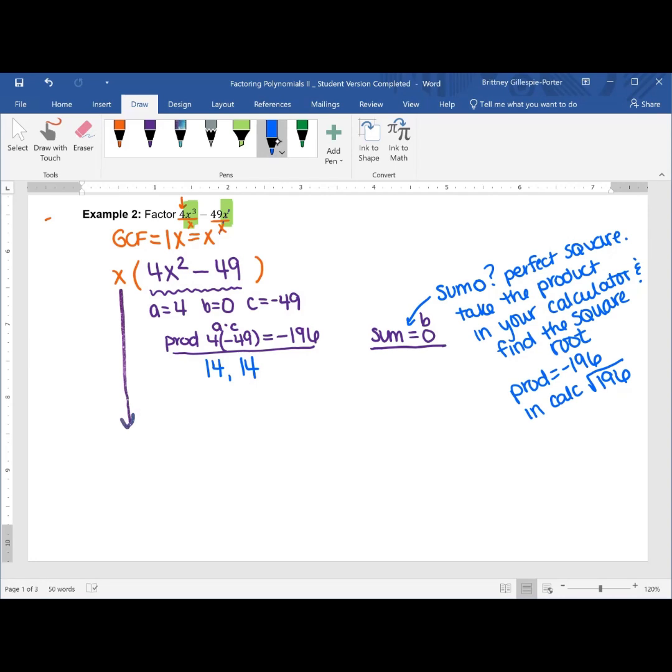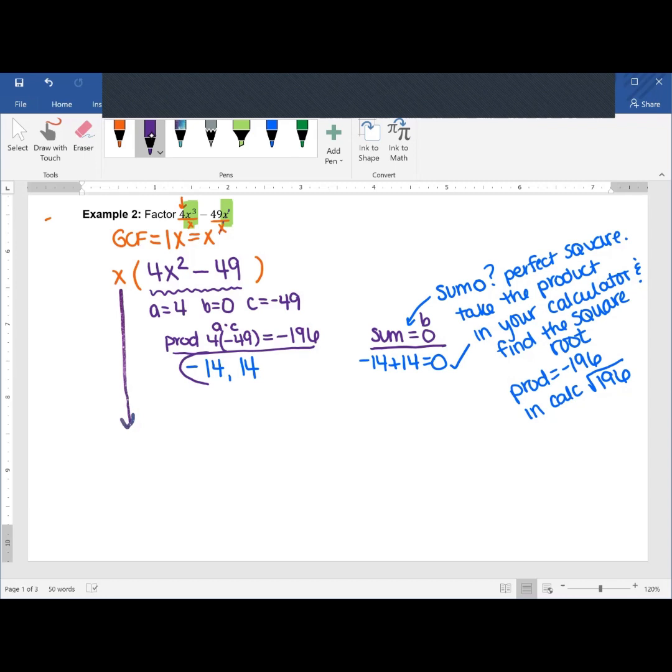Since we want a negative 196, we need one of these 14s to be negative. And when we add them together, we get 0. So we found our sumo. The two numbers, the two magic numbers, are negative 14 and 14.